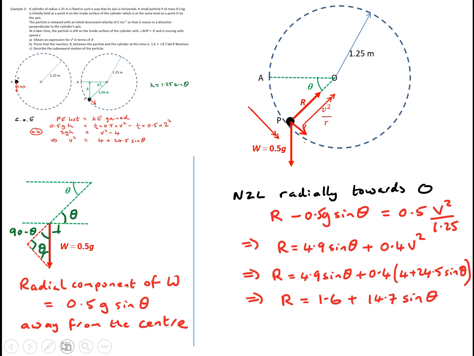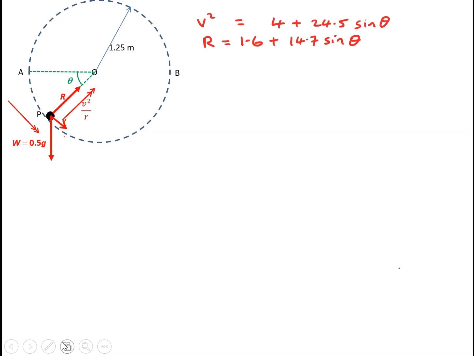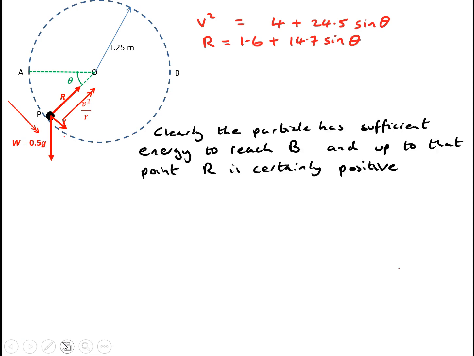So finally, we've got to describe what happens to the particle. We've got v squared is 4 plus 24.5 sine theta, and R equals 1.6 plus 14.7 sine theta. Clearly the particle has sufficient energy to reach B, and up to that point, for angles of theta between 0 and 180, R is certainly positive.